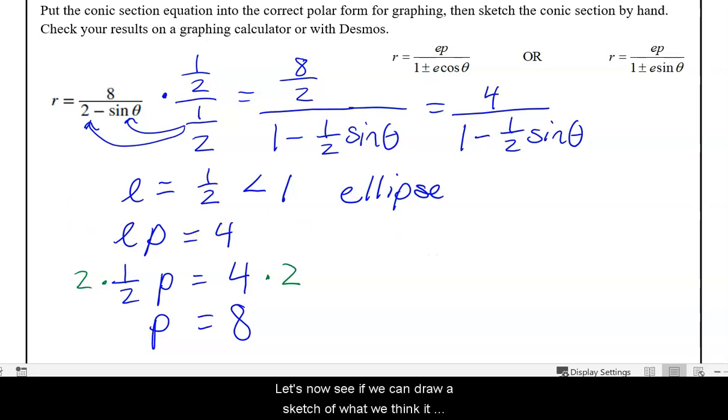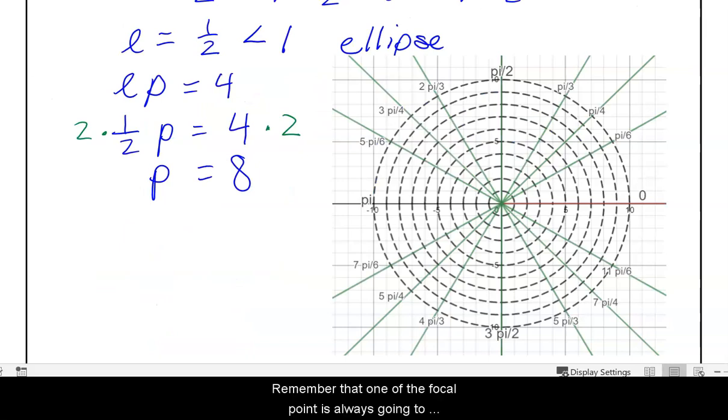Let's now see if we can draw a sketch of what we think it would look like. We'll start again with our polar axis on top of a rectangular coordinate system. Remember that one of the focal points is always going to be located at the pole.